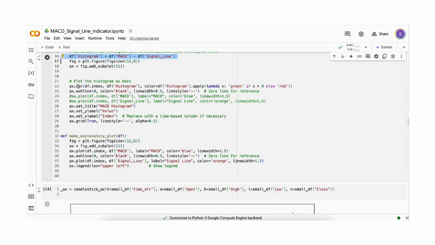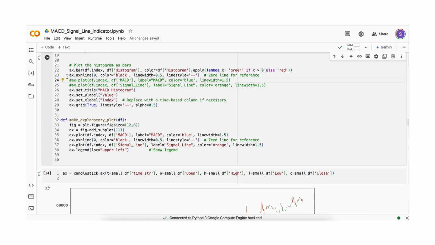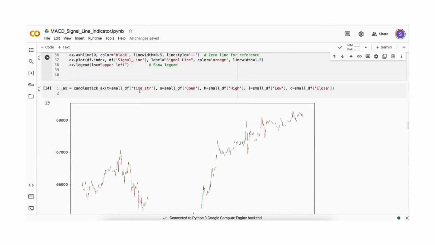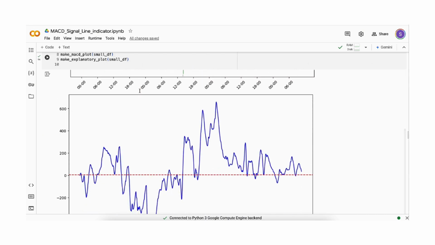And then we calculate this histogram, which is the bar plot, which shows the histogram, with a green line if the value is larger than 0, or a red line if the value is less than 0. And then we have a 0 line for reference, and then we just set the labels and the titles and so on. So that's the basic explanation of how we calculate the MACD.